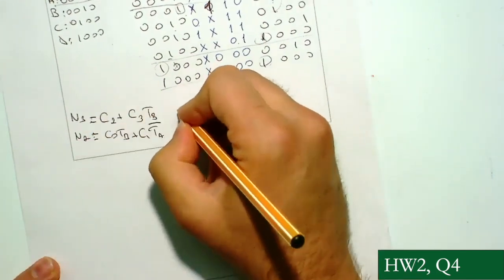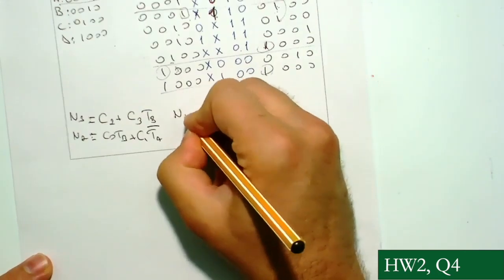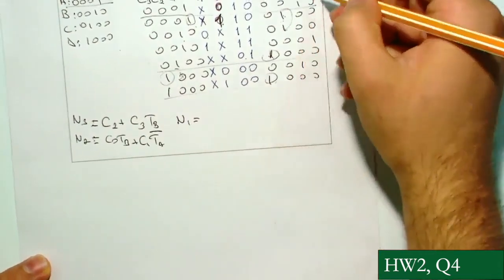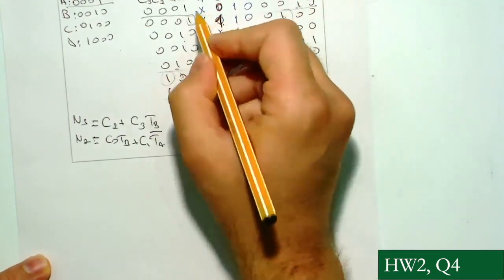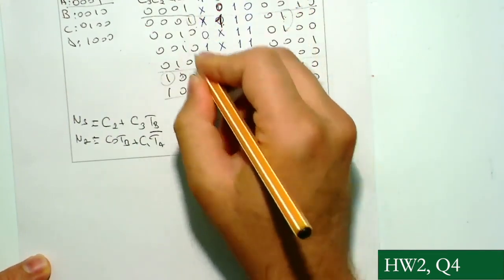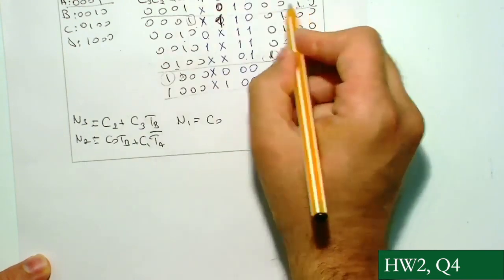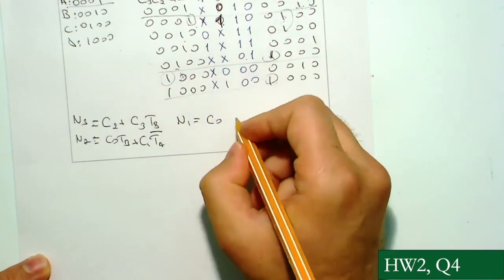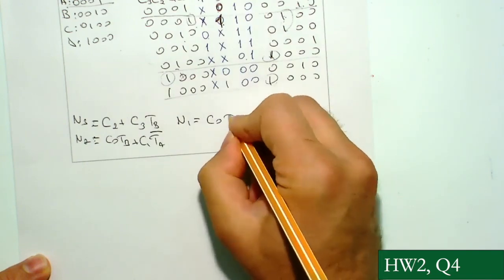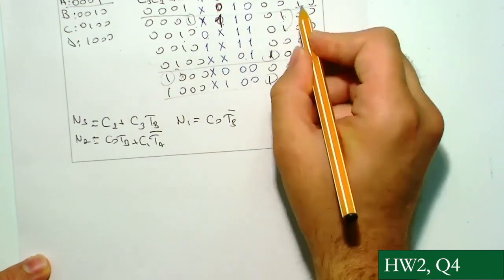So for N1, I have here N1 is 1. This means that C0 is 1, and I have TB as 0. Okay.